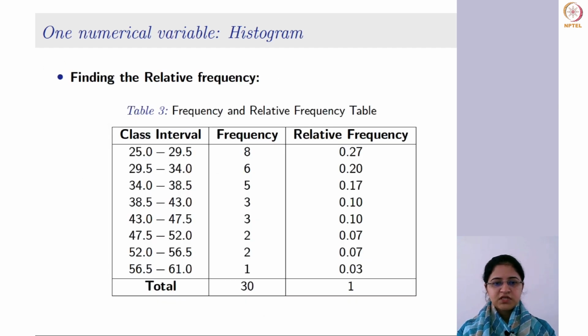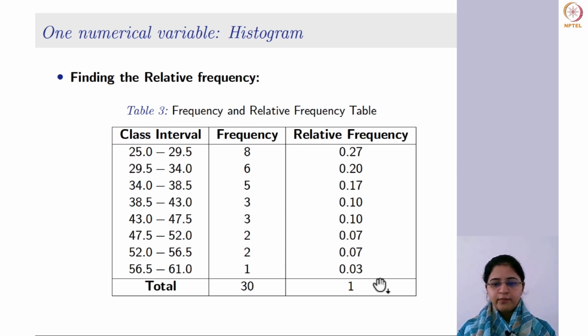In the same example, these are the class intervals and this was the frequency. To calculate the relative frequency, you divide individual frequencies by the total number, that is 30. So 8 by 30 corresponds to 0.27. Likewise, 6 by 30 gives you 0.20, and you move on.